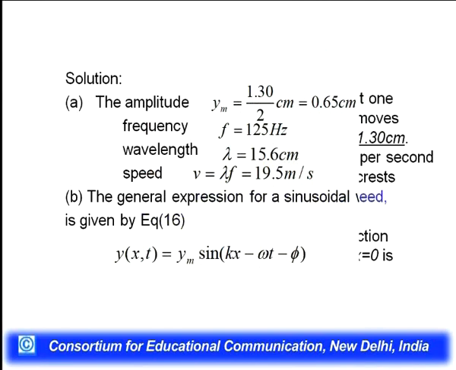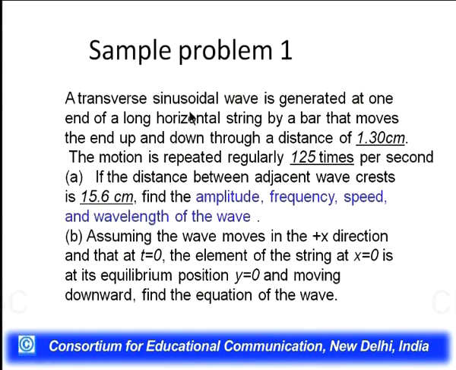Now we take an example. A transverse sinusoidal wave is generated at one end of a long horizontal string by a bar that moves the end up and down through a distance of 1.30 centimeters.